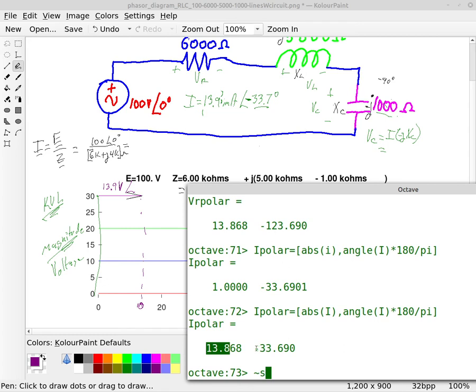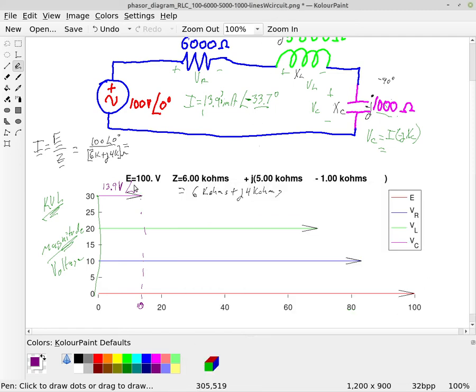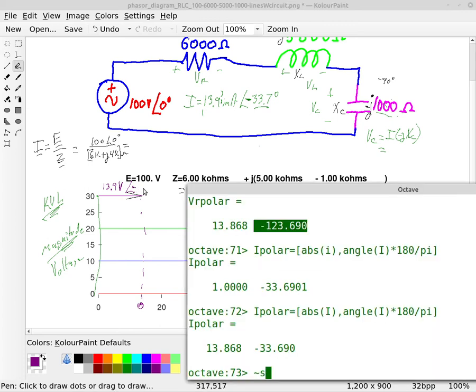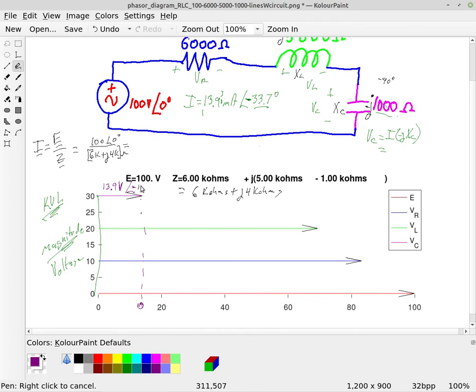The angle is minus 123 degrees. It's at an angle of minus 123.6, so I'm going to make it 124 degrees. Minus 124 degrees. So that's the magnitude of my voltage for the capacitor.